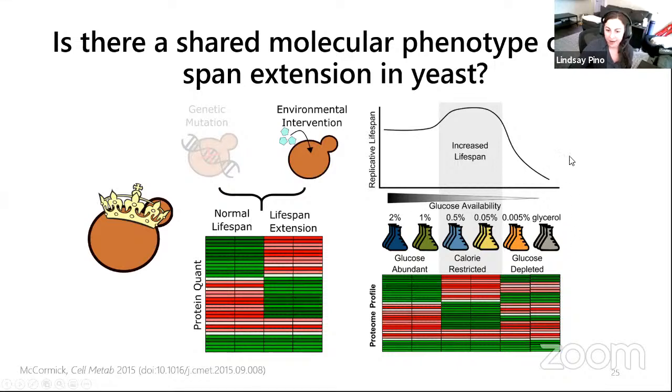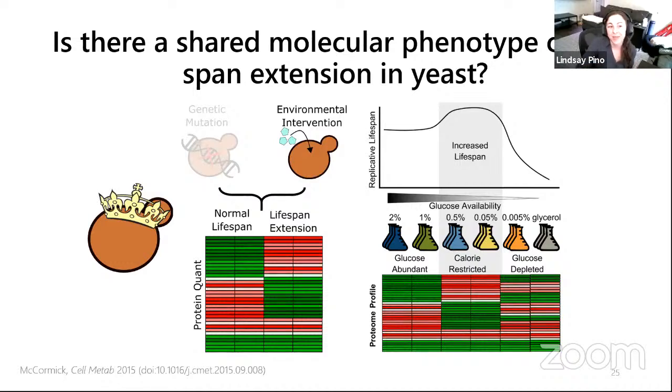At some point, when you decrease the glucose too far, when you limit its calories too much, the lifespan goes down, a starvation type of thing. There's a sweet spot in between, however, where the glucose is present but not overly abundant, where lifespan extends. There is a point of calorie restriction where lifespan increases in yeast.